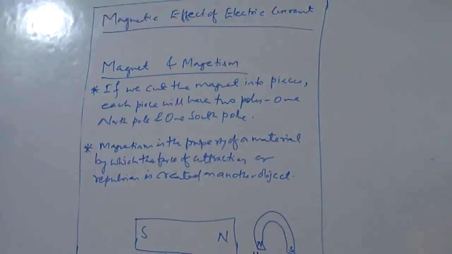Right? So magnetism is a property of the material due to which a force of attraction or repulsion is created.